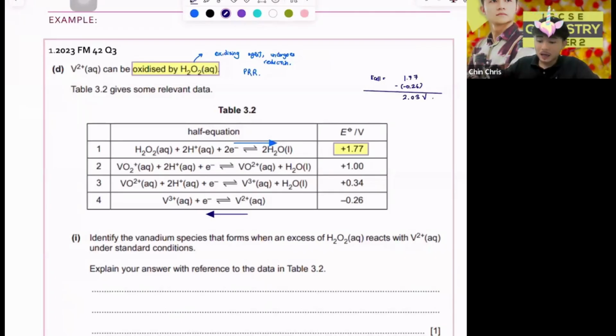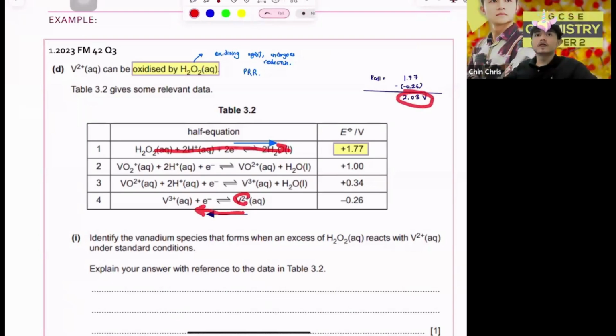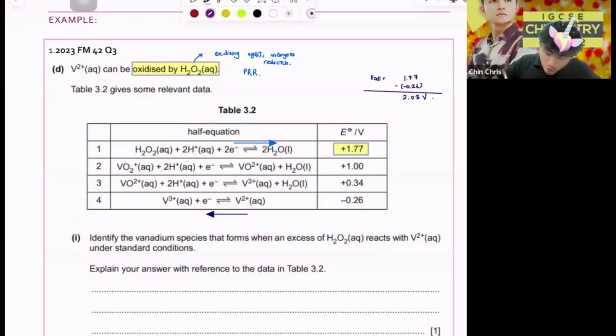All right, guys, now you see H2O2 go here, V2+ go here. You still have this amount of voltage left. So when V3+ is formed, V3+ can undergo oxidation further to turn into VO2+. One more time: when V2+ is oxidized to form V3+, V3+ is also oxidized to form VO2+. So what's the value?